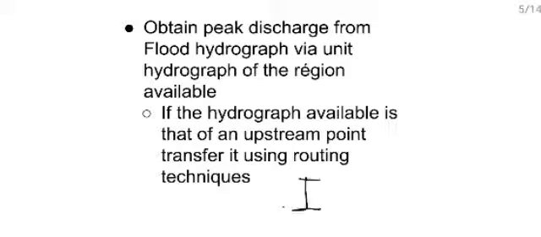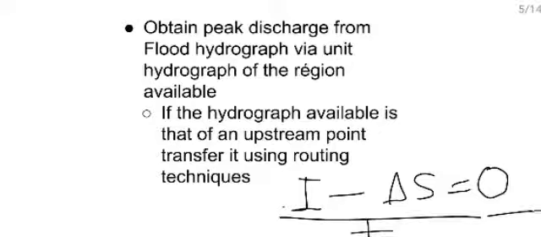Inflow to the point we require, minus whatever depression storage takes place there, is the outflow. So from the beginning, from the catchment, suppose the meteorological department has the unit hydrograph of the catchment; from that, do this: I minus O is equal to delta S over T. So divide by T. This is the basic principle behind routing.